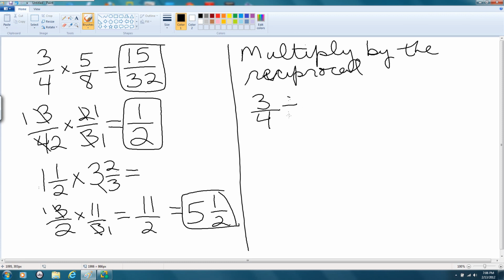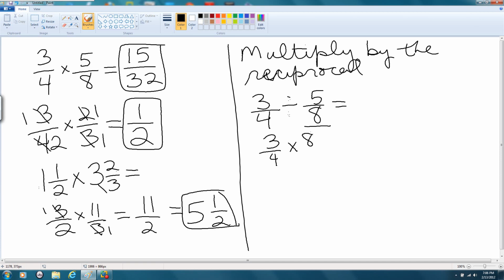What that becomes is 3/4 times the reciprocal of this second number here. And by the reciprocal of the second number, informally, we say we flip it. Instead of 5/8, it becomes 8/5. We multiply by the reciprocal or the inverse.